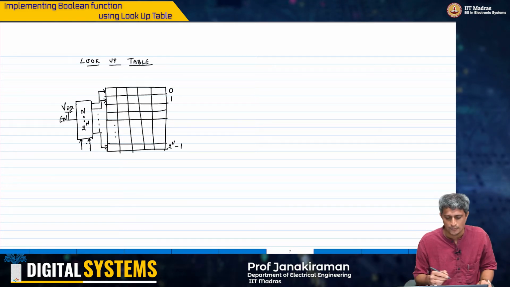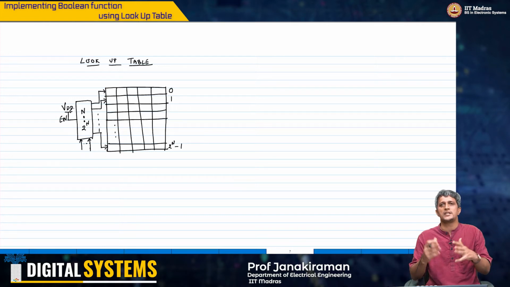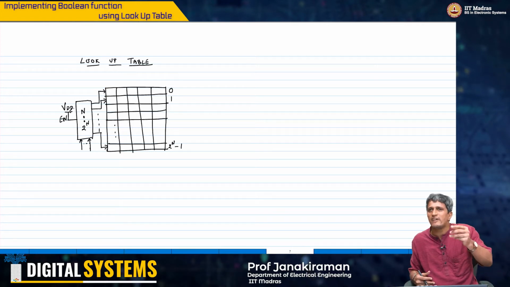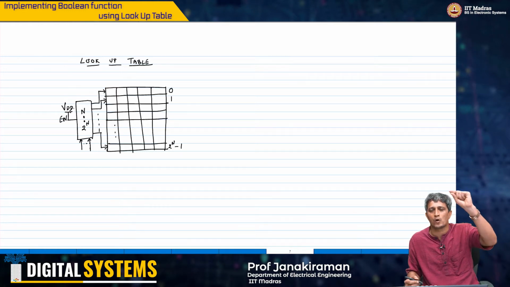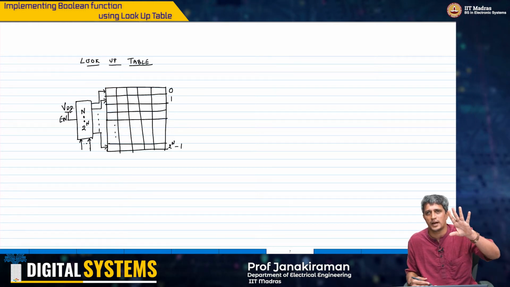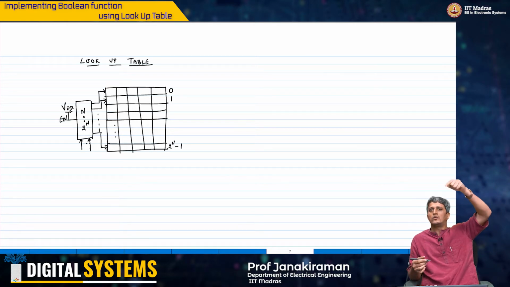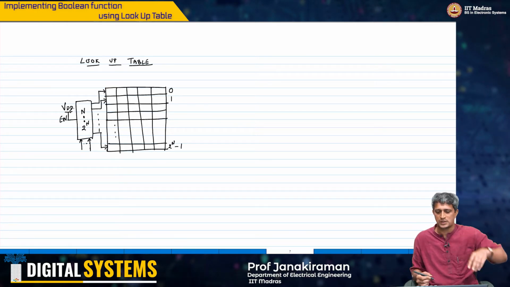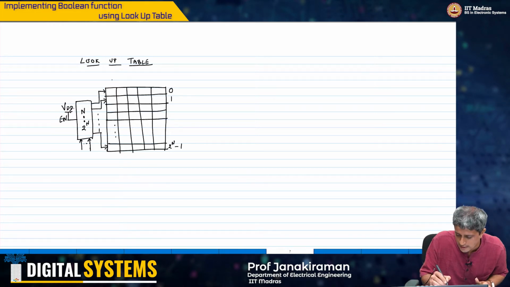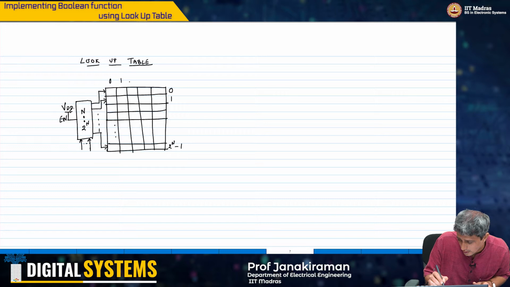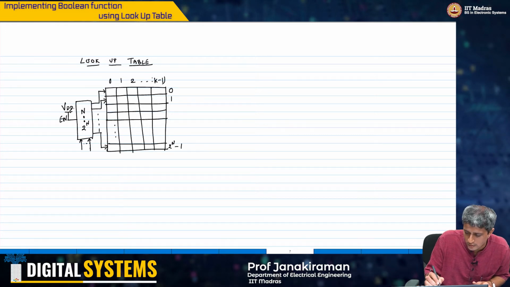Now this lookup table is essentially a memory. So if you give an address, this decoder will turn on exactly one row at a given time, and it is going to read out some particular row value from there. Let us assume that there are k such bits, 0, 1, 2 up to k minus 1.